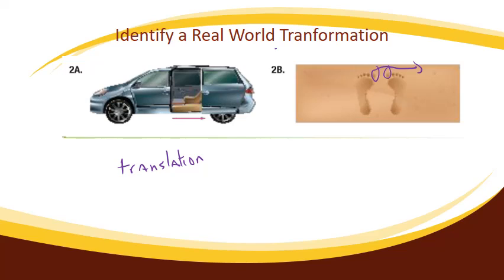It's not rotating because the heels are both down at the bottom and the toes are at the top. But if I think about this being a line of reflection right here, let's say, I can then think that it has flipped across that line of reflection. And so we're going to say that this is a reflection.